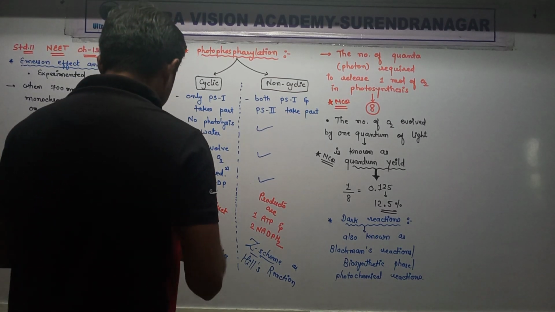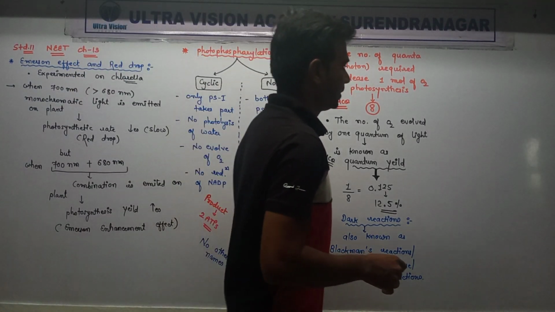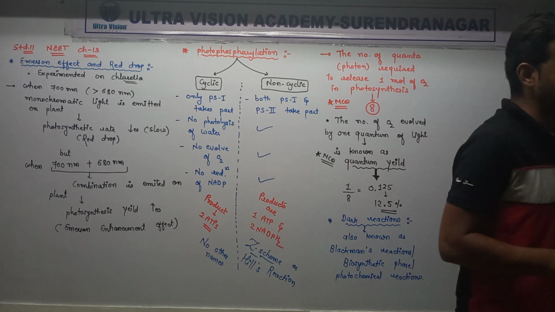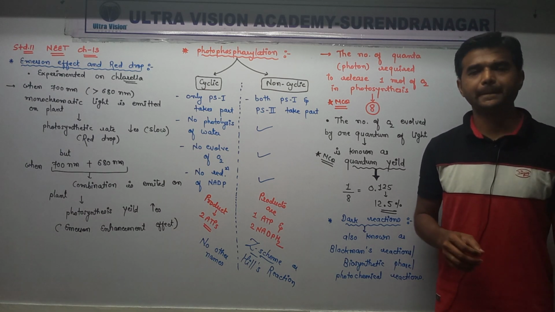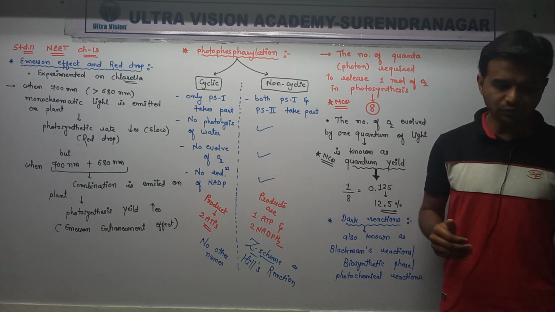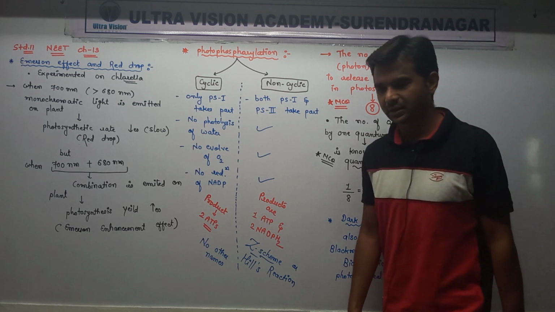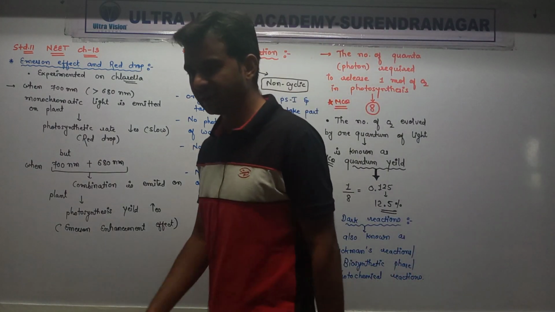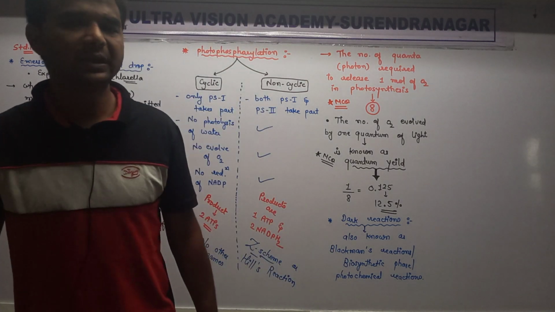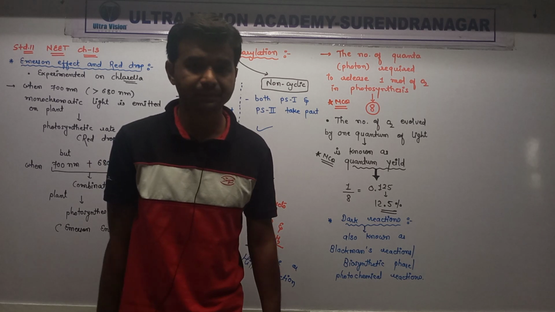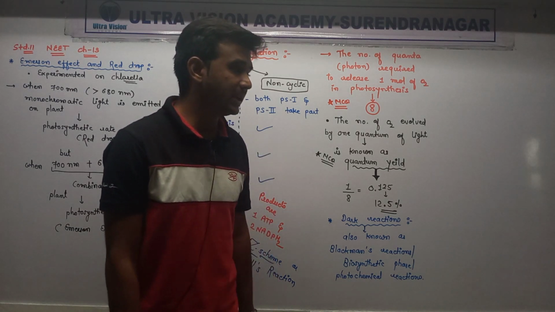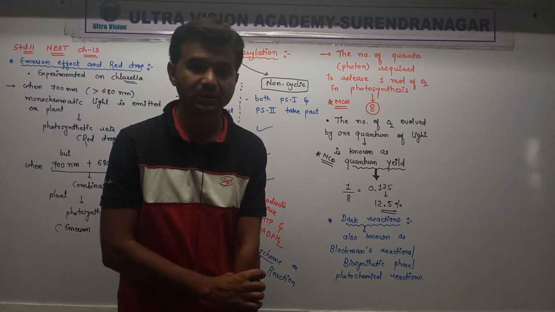Now, the Calvin cycle. The Calvin cycle is also known as the C3 cycle. The two co-workers of Calvin, known as Benson and Bassham, are why this cycle is known as the Calvin-Benson-Bassham cycle. It is also known as the PCR reaction.